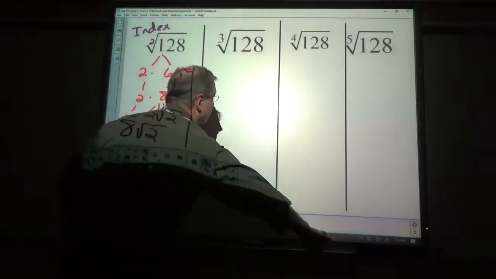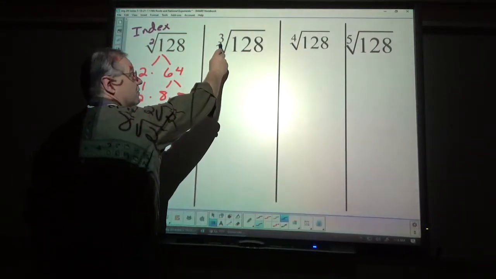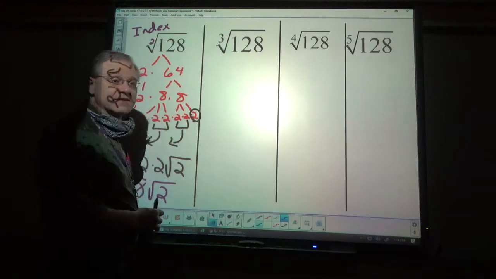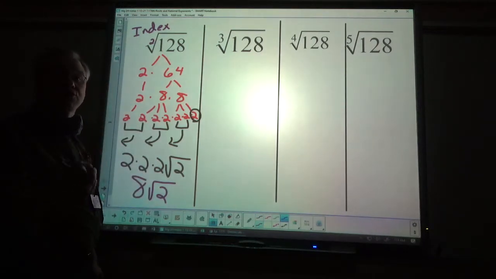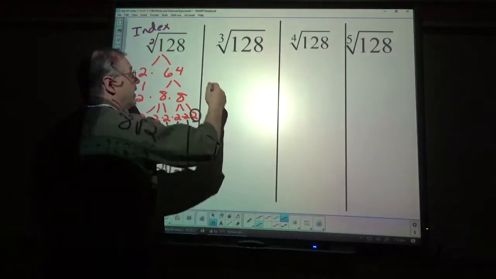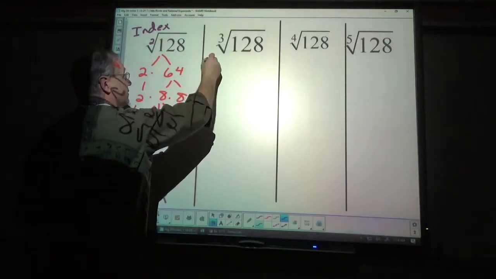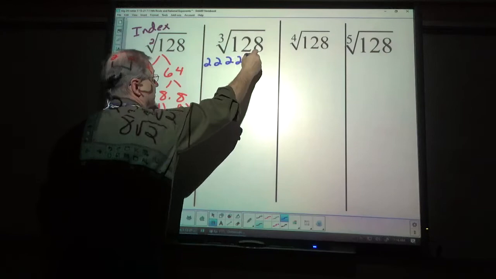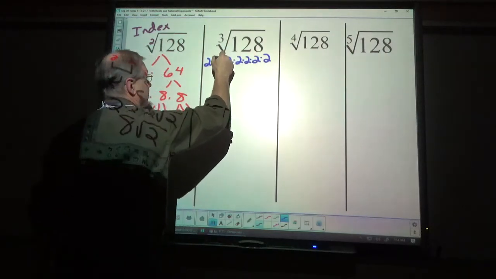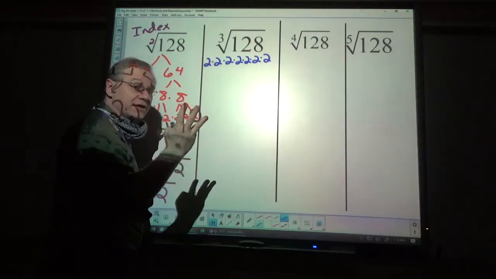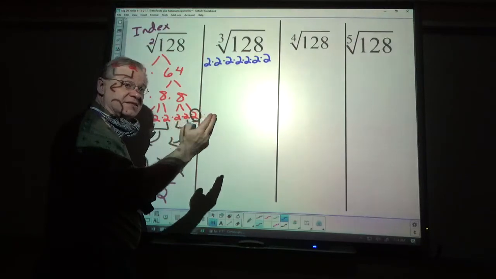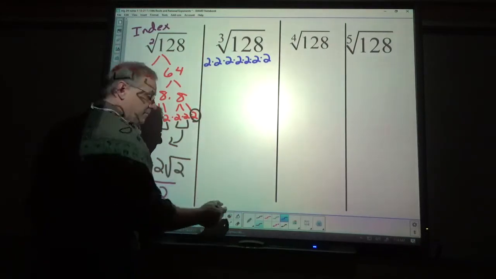So if I were to take a 3 for an index, that's a cube or a third root. And we already know this is 7 2s, so I need 3 to be linked together to pull one out.